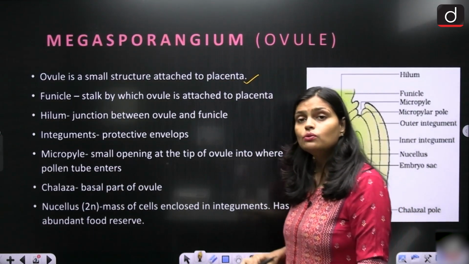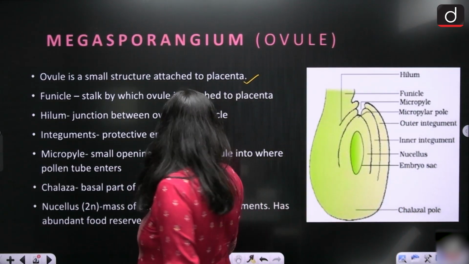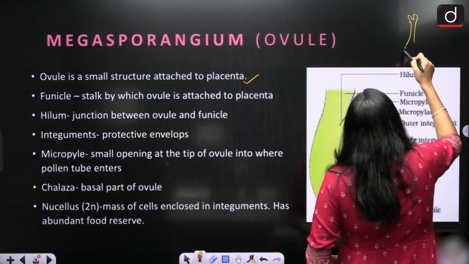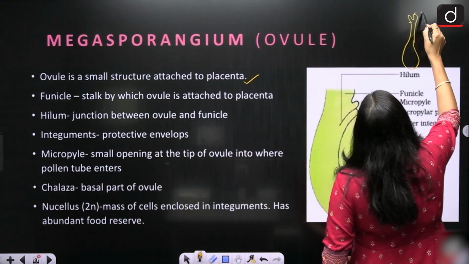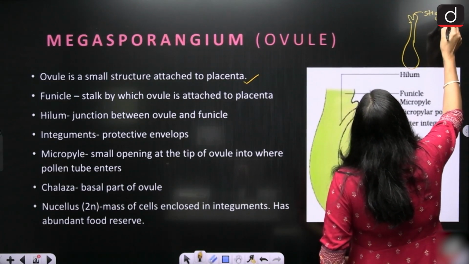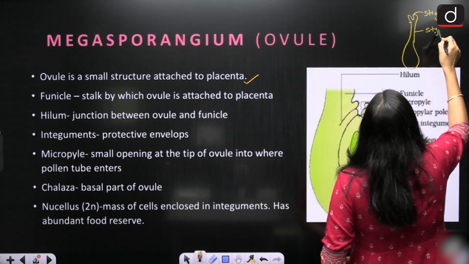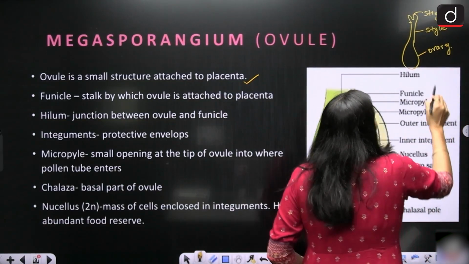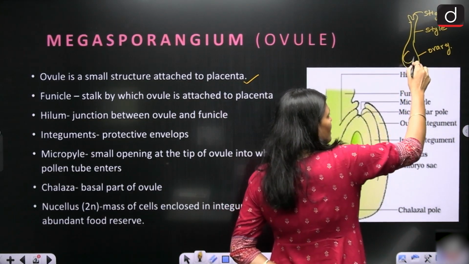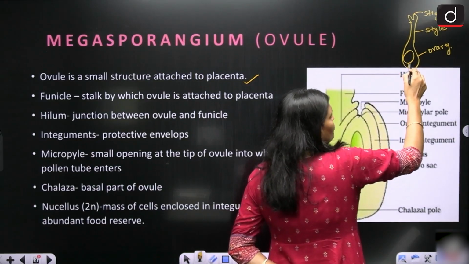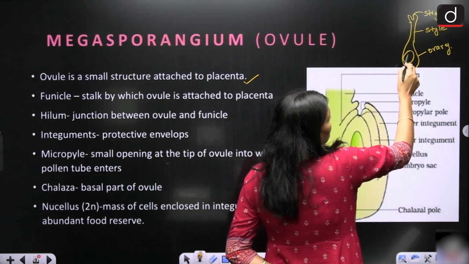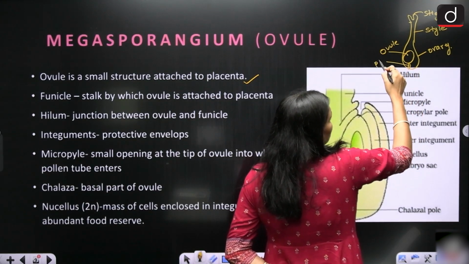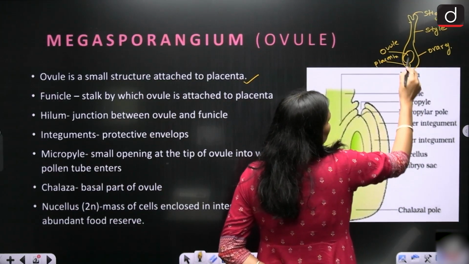Now see, if this is the structure, stigma, style and ovary, within the ovary you have ovule. So this ovule is attached to the ovary. This is what? Ovule. Ovule is attached with the ovary through placenta.